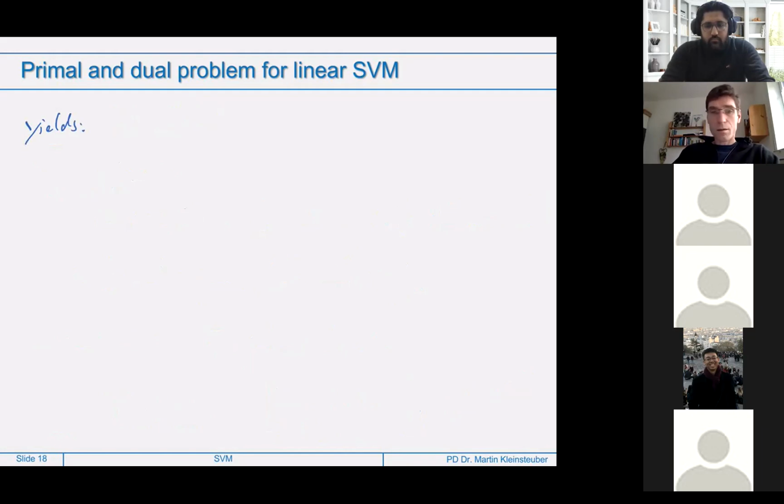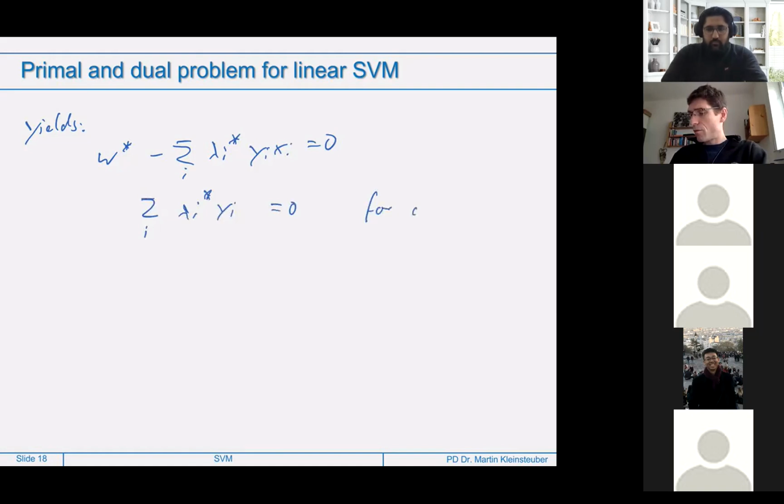So that gives us a condition here on the optimal W star, and so this yields the conditions. The first part here of this vector means that W star minus sum over I lambda I star yi xi is 0, and sum over I lambda I star yi is also 0 for our optimal W star and lambda I star.